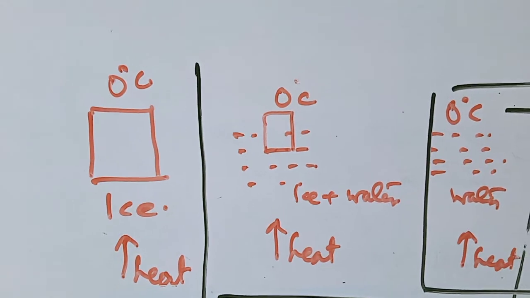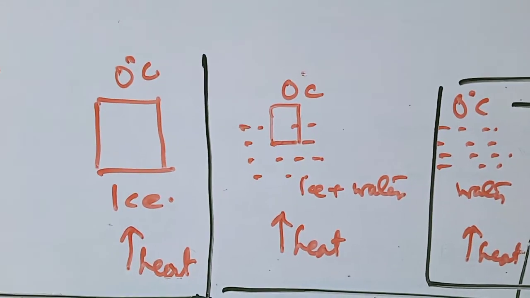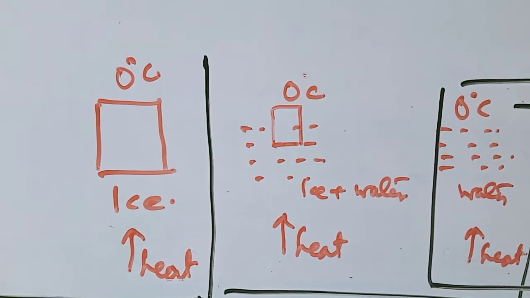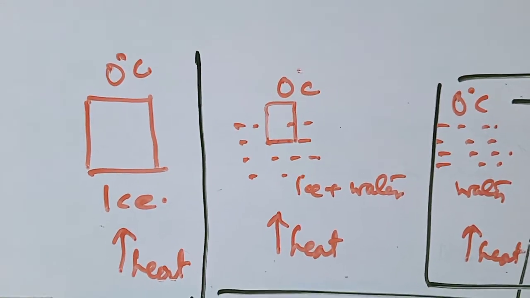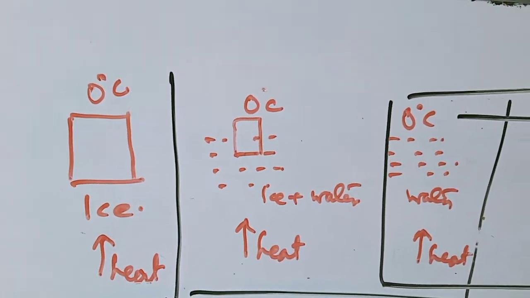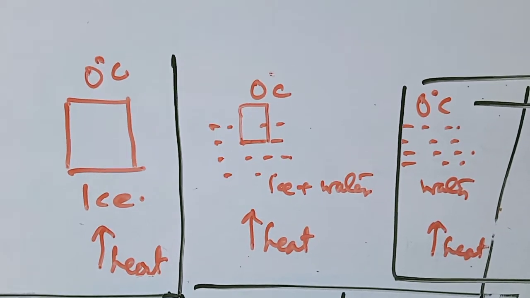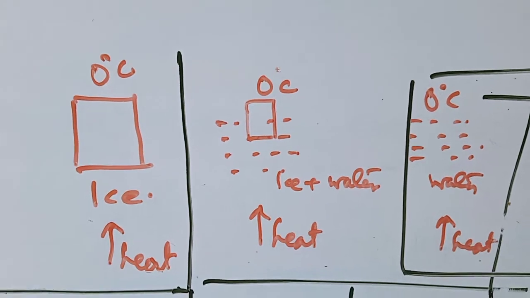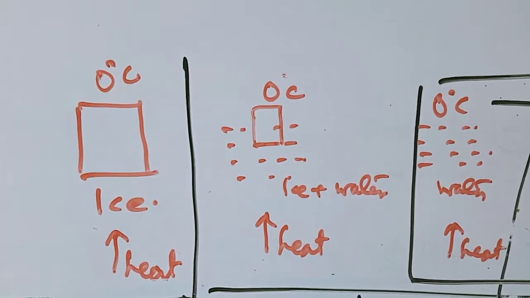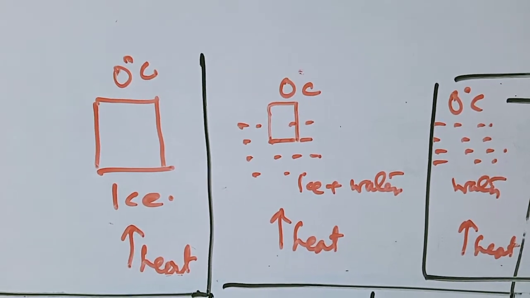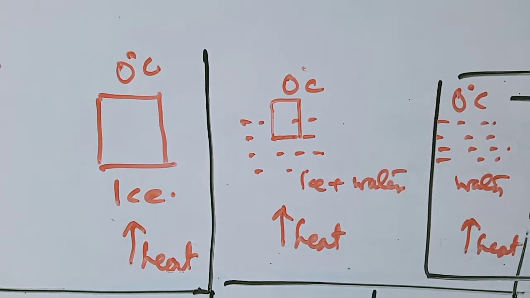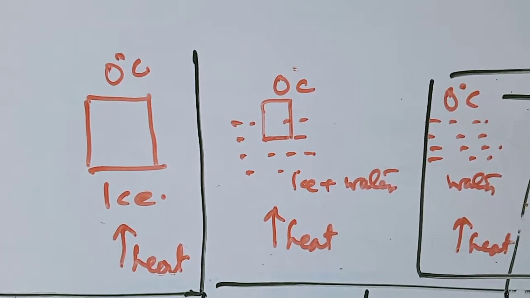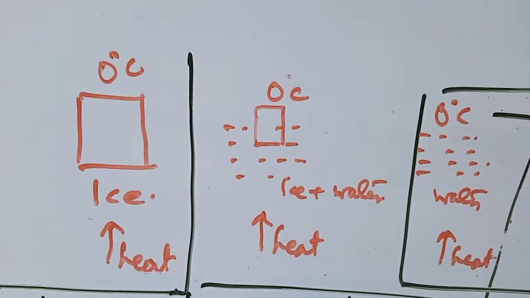So work must be done to overcome the intermolecular forces. The heat energy supplied by the external source is used up to increase the intermolecular space, that is, the potential energy of the system. So the change is not manifested in the thermometer. There is no change in temperature because the heat is used to do work against the intermolecular force of attraction and separate the molecules, increasing their potential energy.